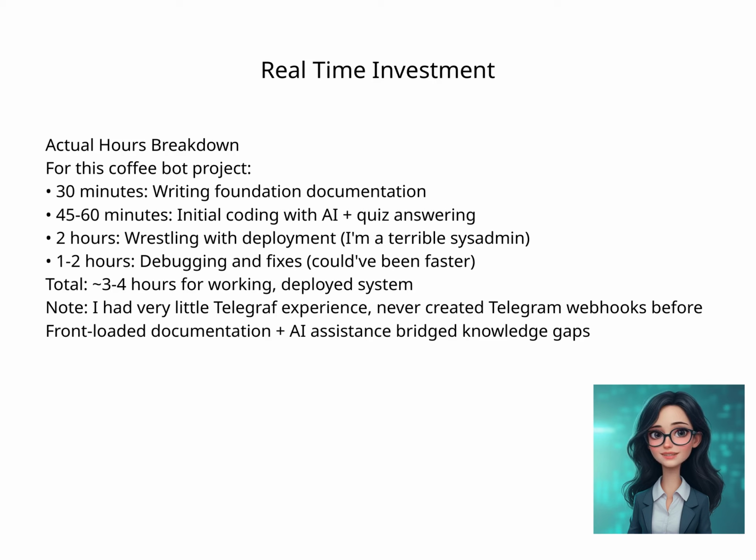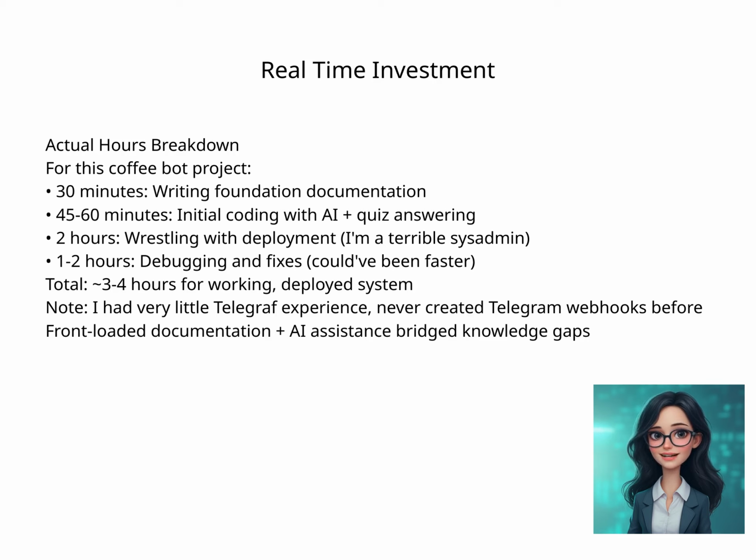I had very little experience with Telegraf and had never created Telegram webhooks before. The systematic documentation approach combined with AI assistance effectively bridged those knowledge gaps. Without proper context documentation, trying to learn Telegraf while building a working system would have taken much longer or resulted in unmaintainable code.